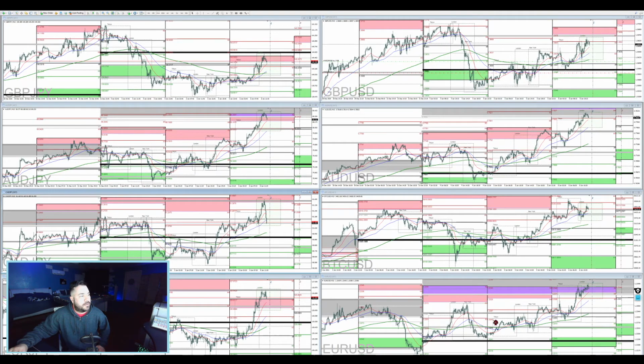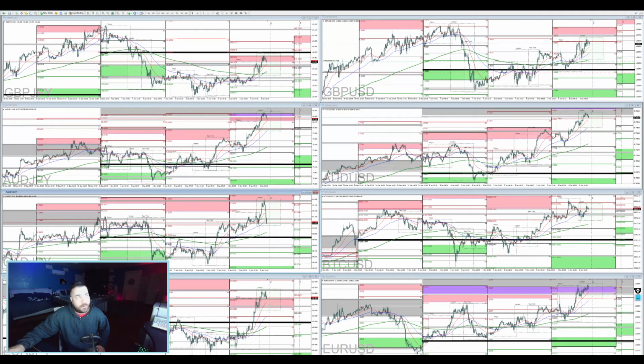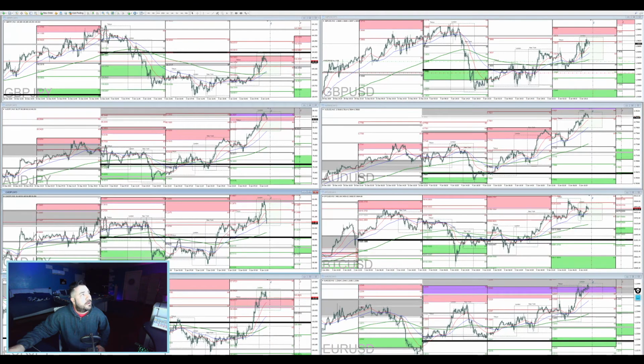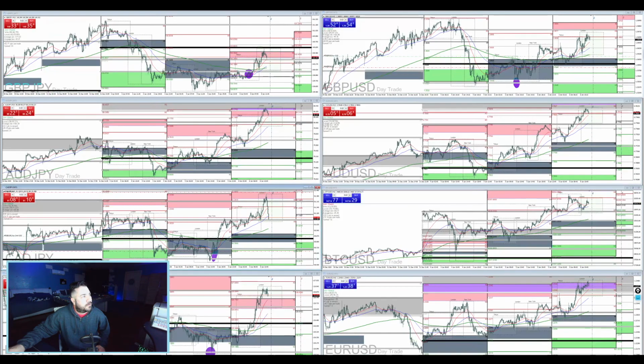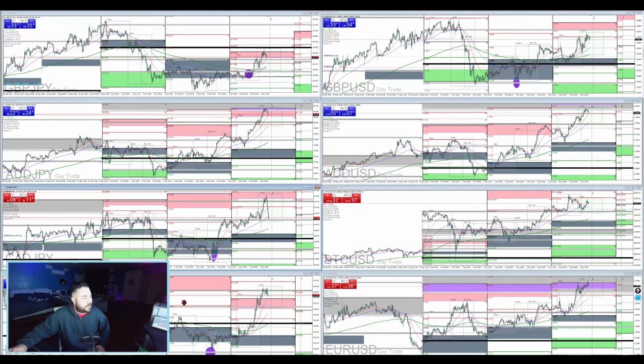Let's see. Everything else seems to be about the same. These are the two different brokers. Flipping back and forth to see. Okay.